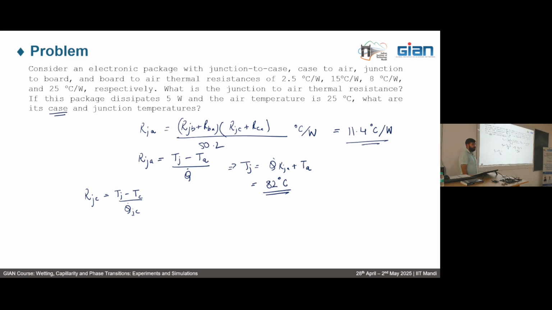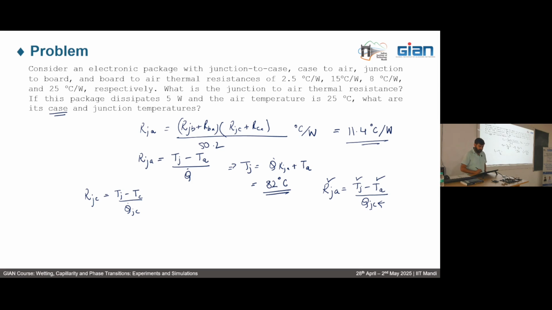Whatever heat is being conducted into this casing, that much heat is convected and radiated towards the ambient. So we could have written it in such a way that R_JA is equal to Tj minus Ta divided by Q_JC, right? So now in this problem, this is known, this is known, this is known, this is unknown. Now we get that.